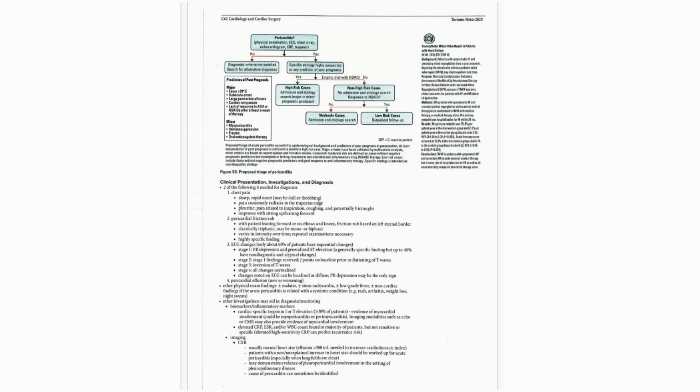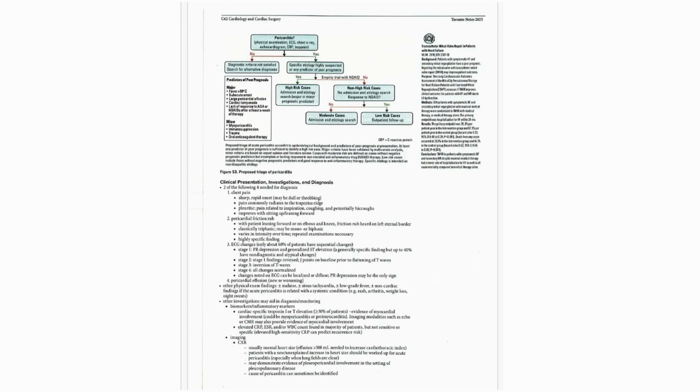Clinical presentation, investigations, and diagnosis. Diagnosis of acute pericarditis requires at least 2 of 4 major criteria. Let's examine each one. Diagnostic criterion 1, chest pain. Chest pain is the most common presenting symptom.